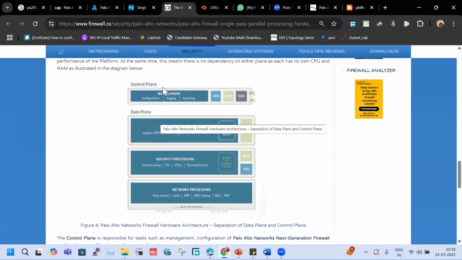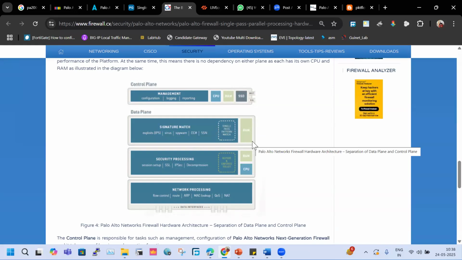If the control plane goes down due to some error or something else, data is still flowing, but we cannot manage the firewall. You will not be able to access the firewall, but your production environment will not go down and is not impacted. Your production stays operational, and in parallel you can check what the issue is with your firewall.